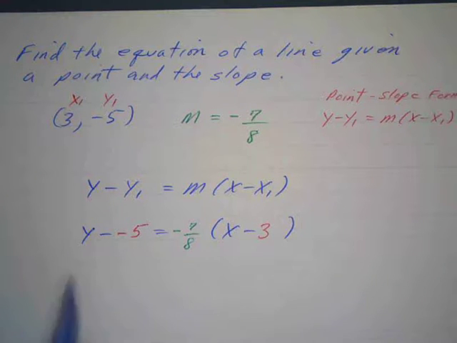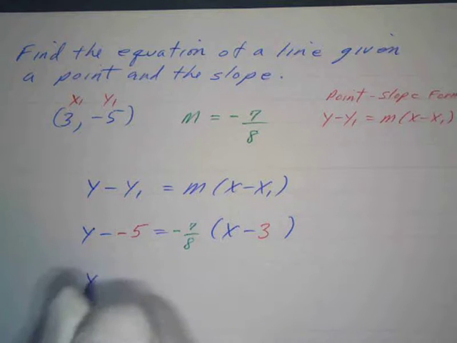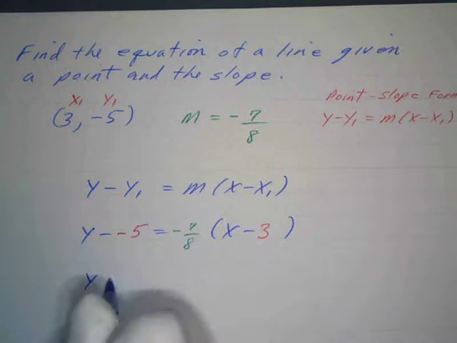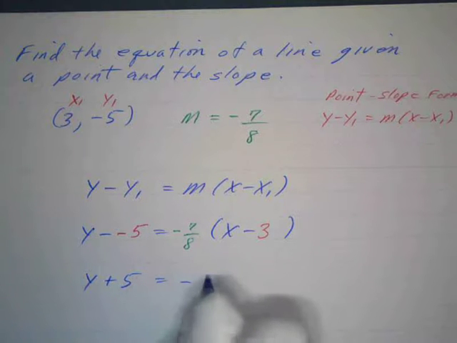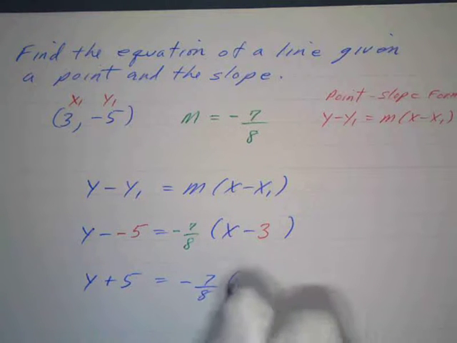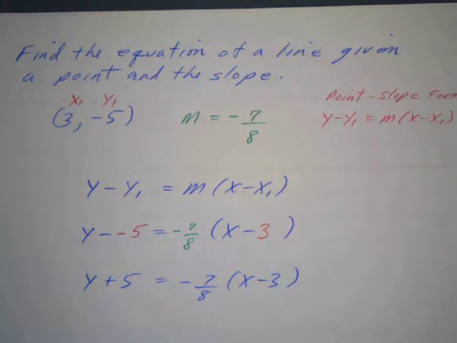And then again, we just have to simplify this a little bit. A negative times a negative is a positive, so we got y plus 5 equals -7/8 times x minus 3. And that's the equation of the line.